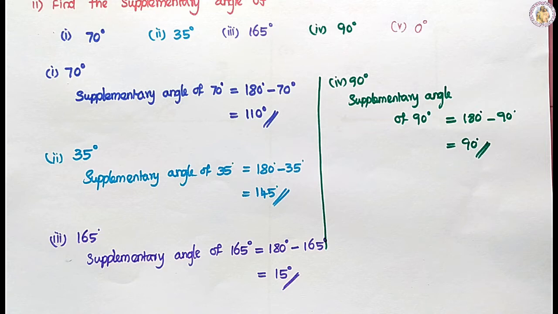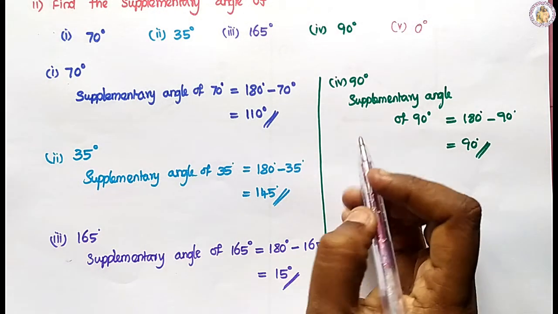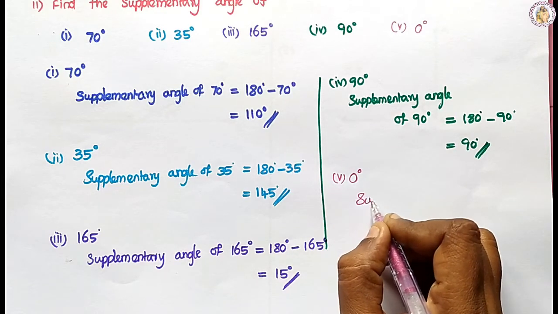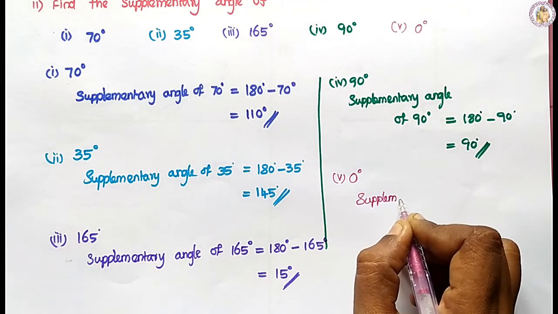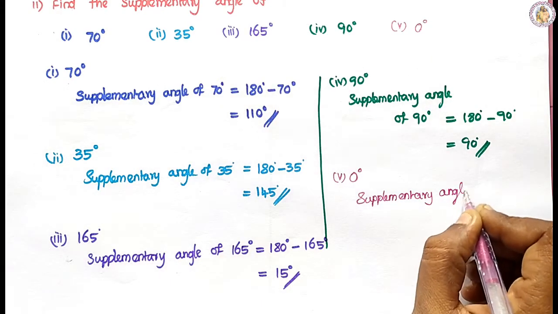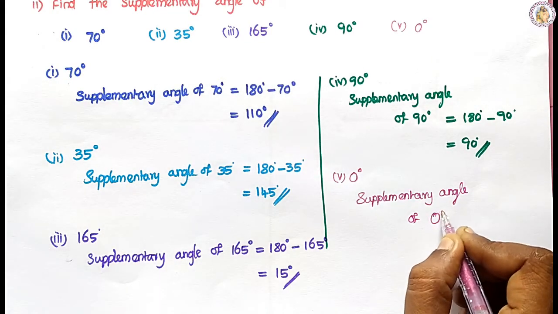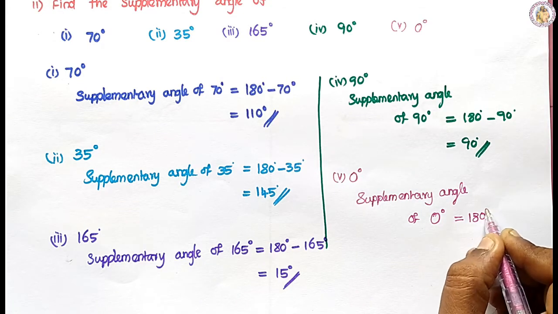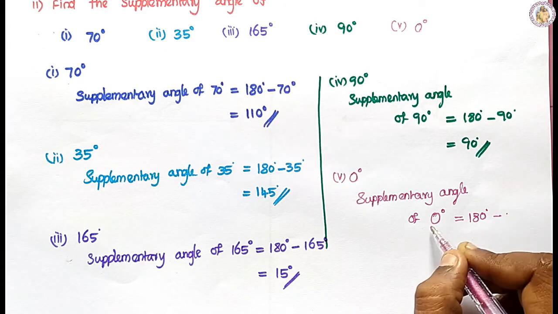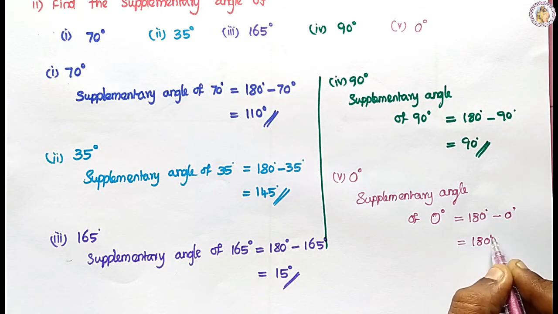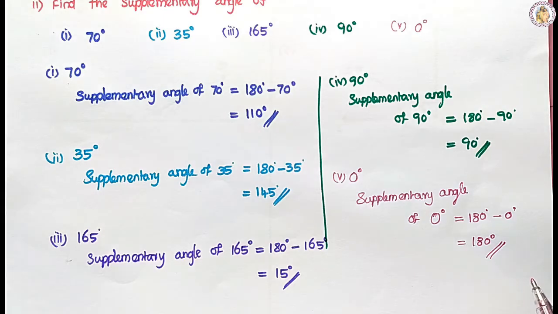Next one, 0 degree. Supplementary angle of 0 degree equal to 180 degree minus given angle 0. That is 180 degree. That is the answer.